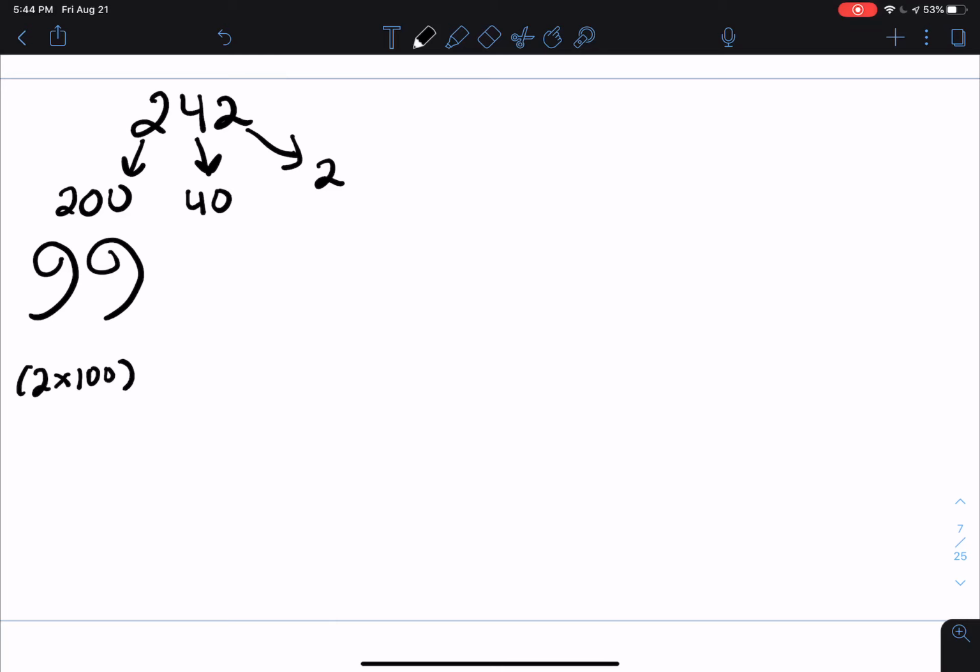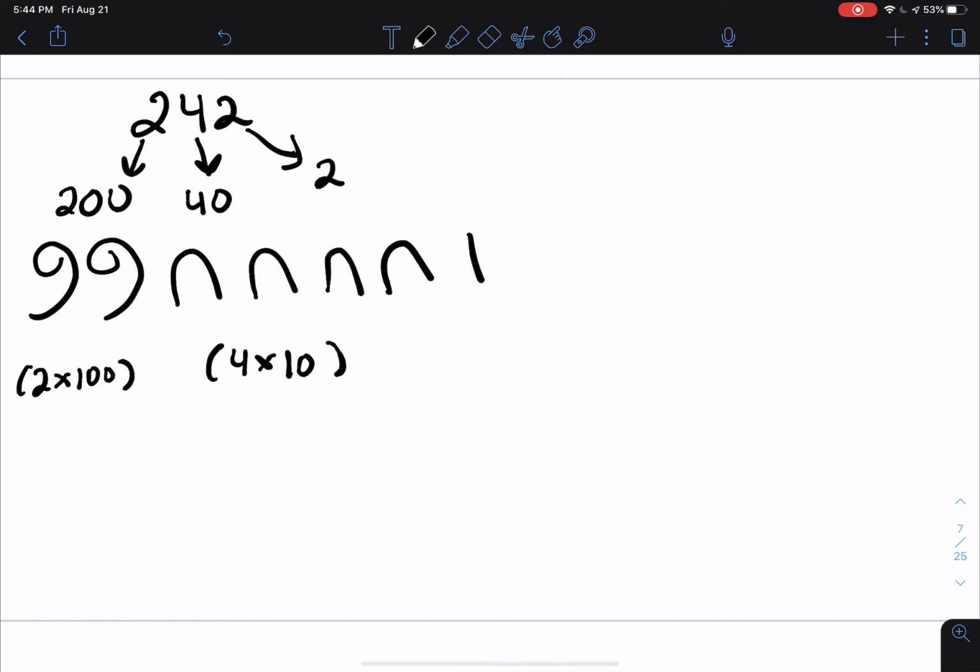And then for the 40, a heel bone is 10, so I can do 4 heel bones. And then for the 2, I know a staff is 1, so I can just do 1, 2. 2 staffs.